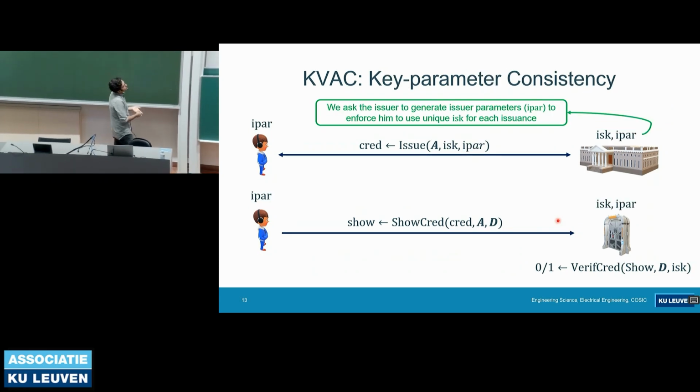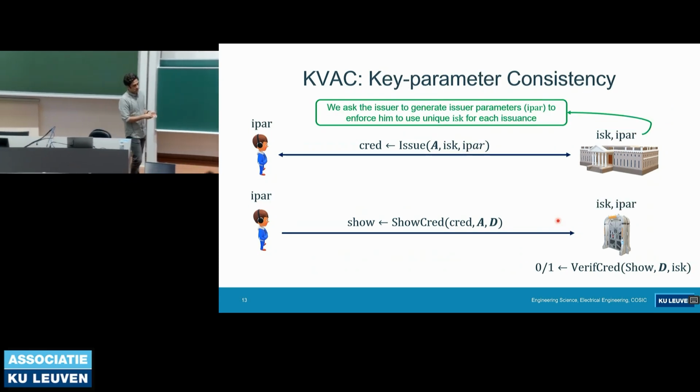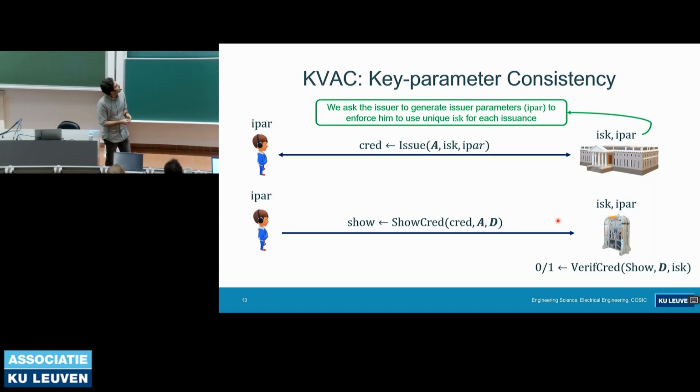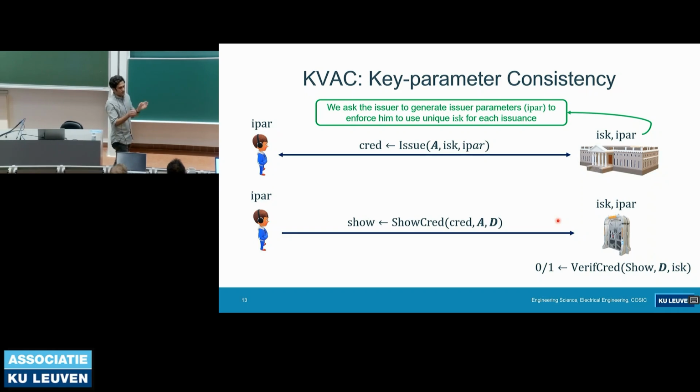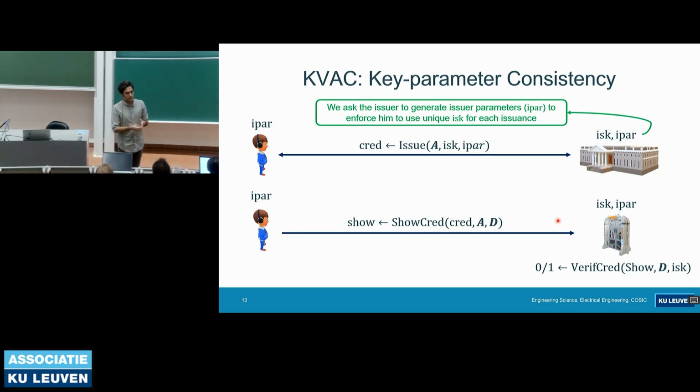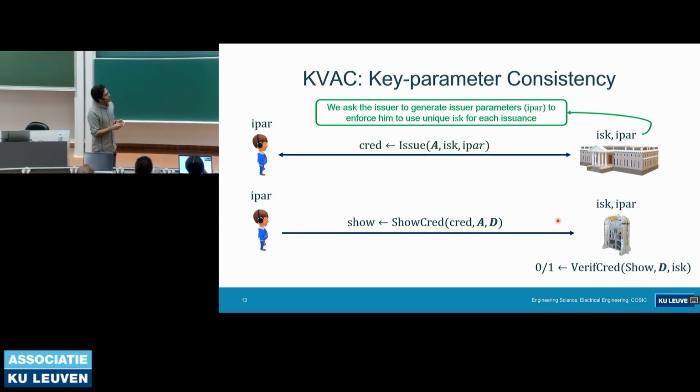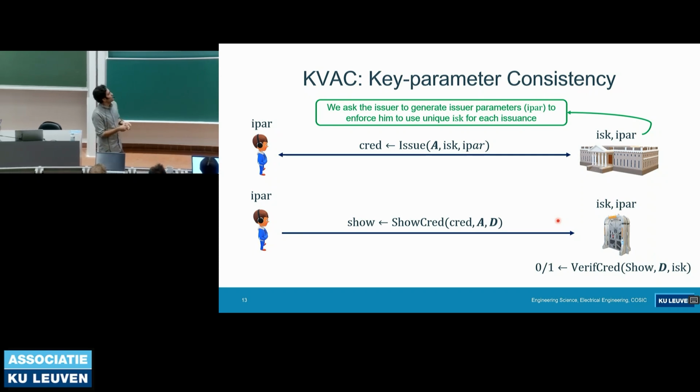So in order to solve that, we have another property which we call key parameter consistency. In key parameter consistency, other than this ISK, we add another value, which is IPAR, or issuer parameters.